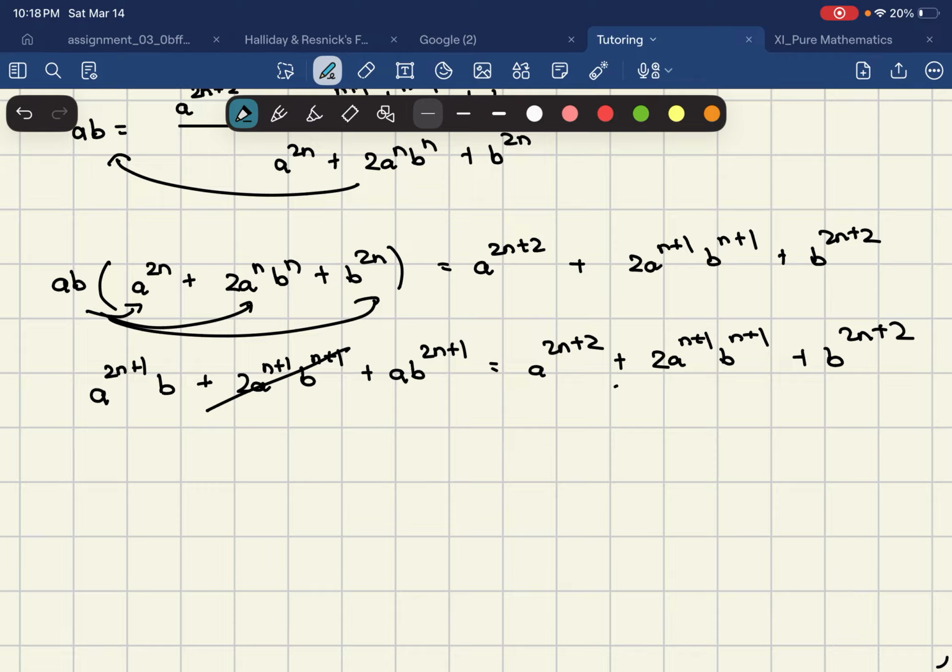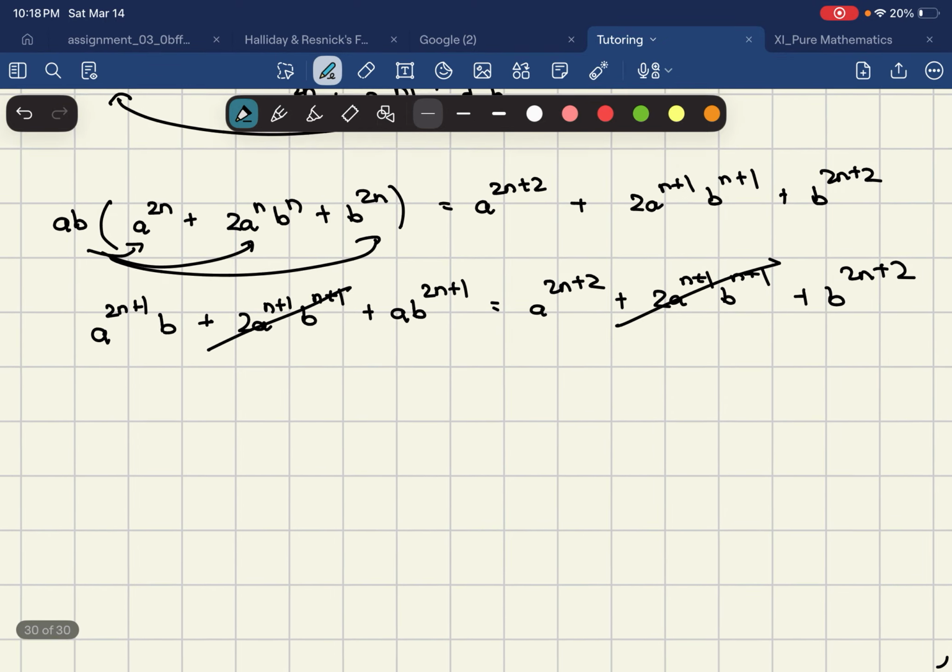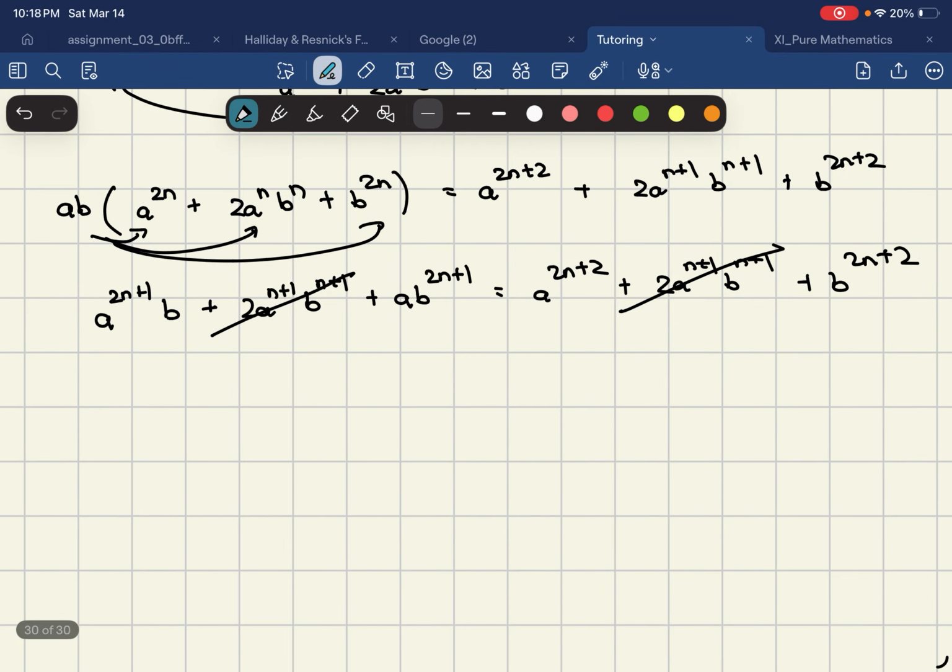Now if you think about it, my middle terms are the same. So they are going to cancel out. If I subtract the same from both sides, it's going to cancel out. So I have a to the power 2n plus 1b plus ab to the power 2n plus 1. That is going to be a to the power 2n plus 2 plus b to the power 2n plus 2.